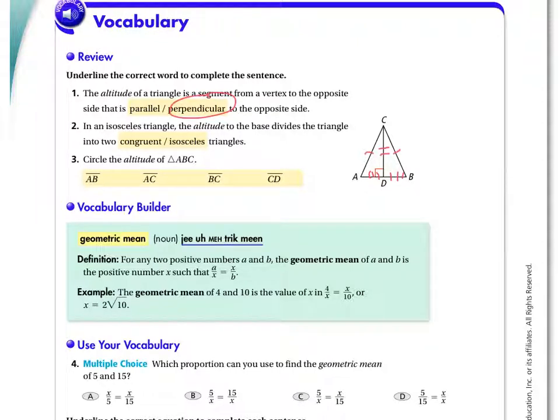I could also have said by SAS because this angle here is congruent to that angle there, and aren't those 2 angles here, the base angles, congruent? So by SAS, I could have also proven the triangles congruent. So there's a variety of ways you can prove it, but the altitude divides the isosceles triangle into 2 congruent triangles, not 2 isosceles triangles, but 2 congruent right triangles.